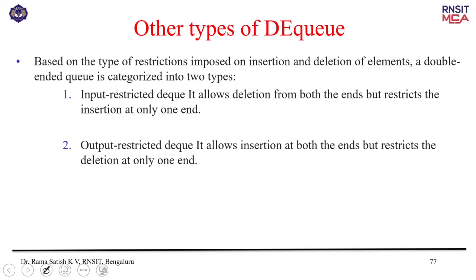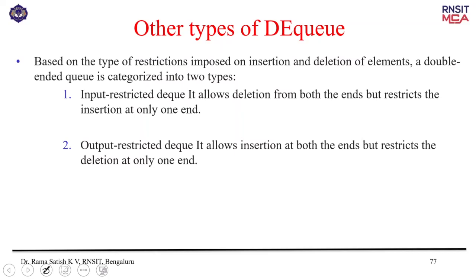It allows deletion from both ends, but restricts insertion to only one end. So insertion can be done in only one place, but deletion you can do at both places. Normally, input is restricted, so insertion can be done only at the rear end, not at the front end.